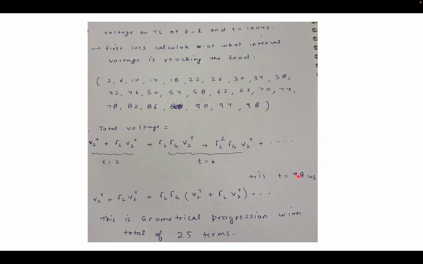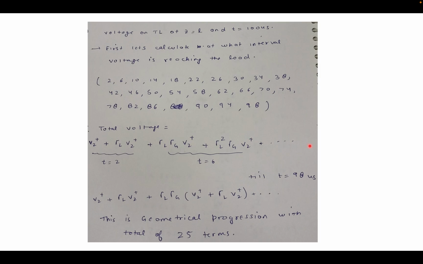Now if you clearly see, because you are adding them to calculate the net voltage at t is equal to 98 microsecond, let's see if it's forming some geometrical progression. You already know there will be a total of 25 terms like this. This is the first term, this is the second term, and so on till t is equal to 98 microsecond.